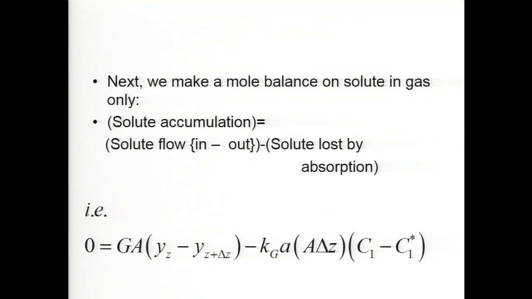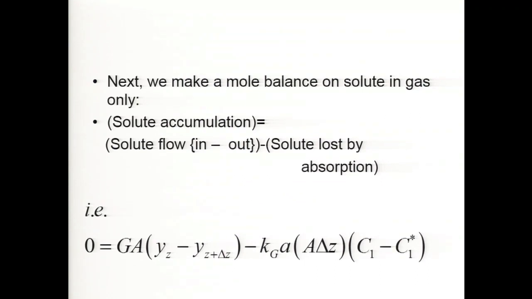Input minus output, minus the loss term in the gas phase, and that is by transfer across the interface. If the gas film mass transfer coefficient is small k subscript g, I admit at this point that the resistance to solute transfer might be partly in gas, partly in liquid, because we agreed to neglect the resistance in the interface for this course.